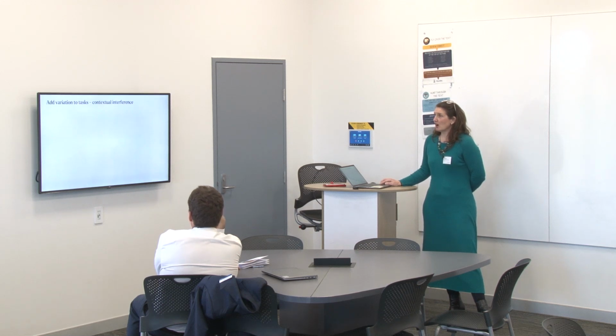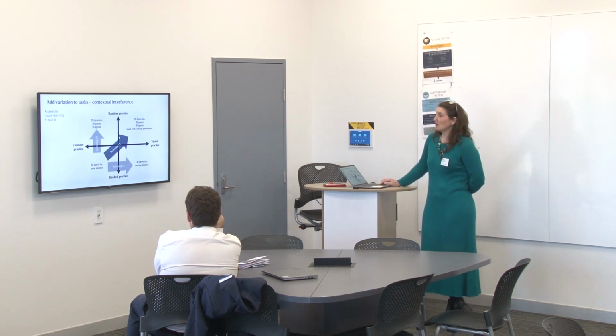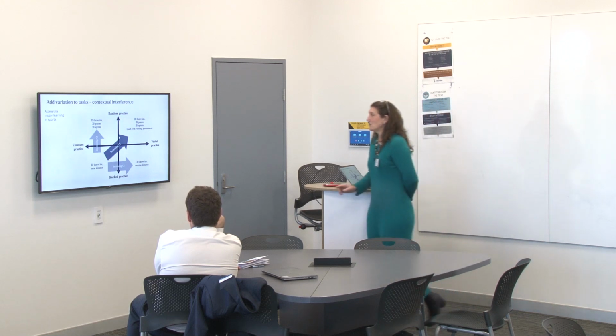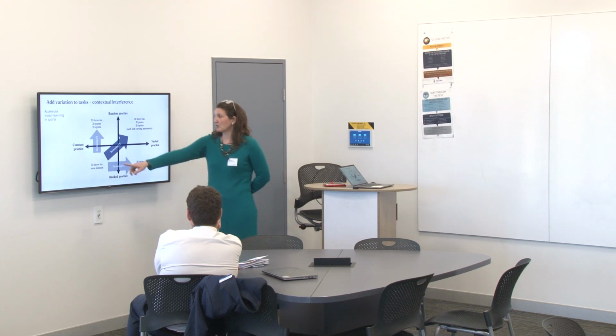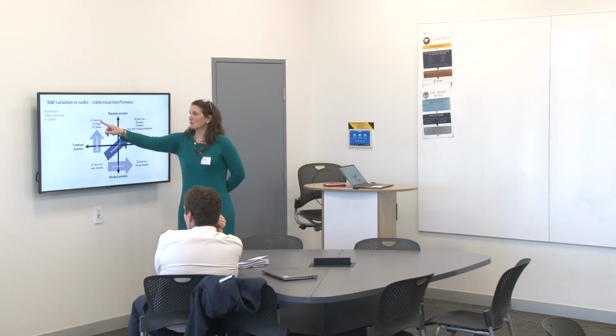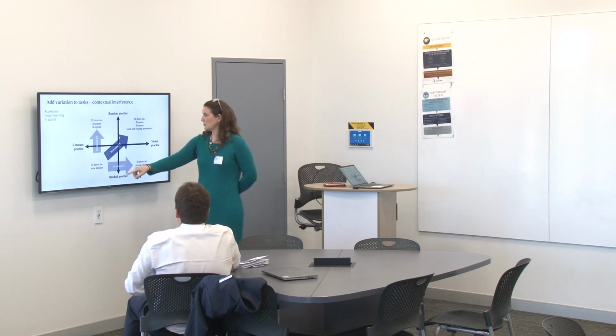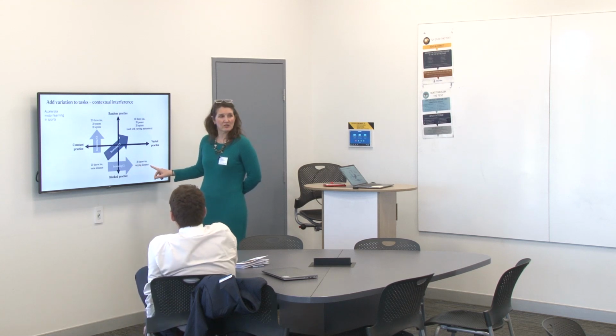Adding variation to tasks, or the posh word for that, contextual interference. This is an example from PDHPE, where in the bottom left-hand corner, you might start with students just practicing 20 throw-ins at the same distance, but to make it a little more difficult, you could have different skills added, throw-ins and passes and sprints, or you could vary the distance they have to do those throw-ins from.